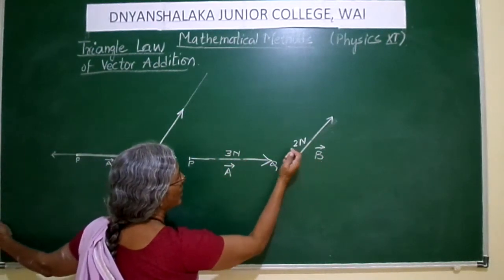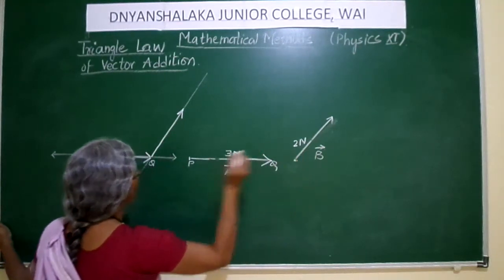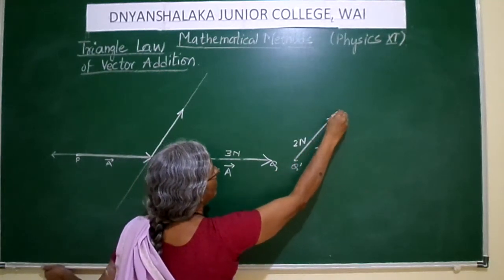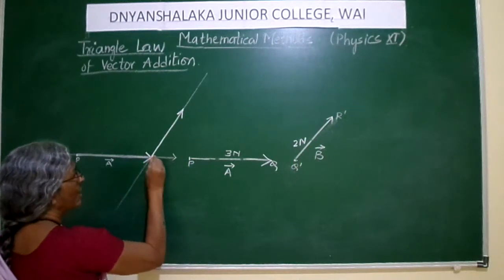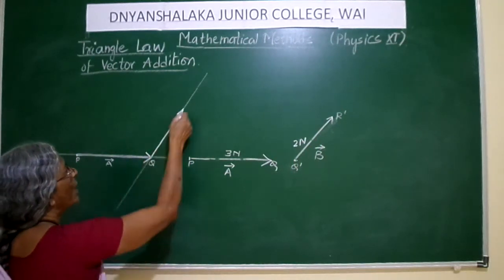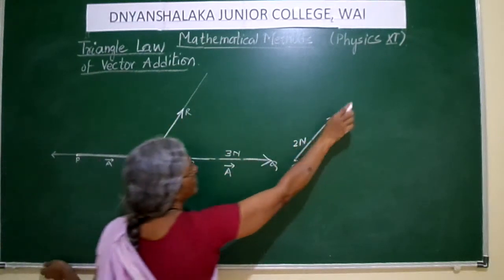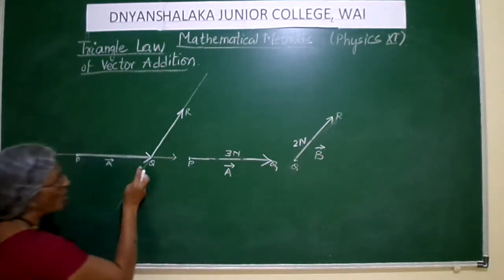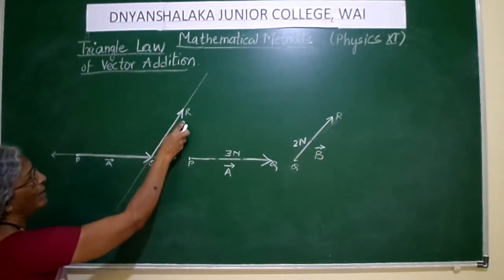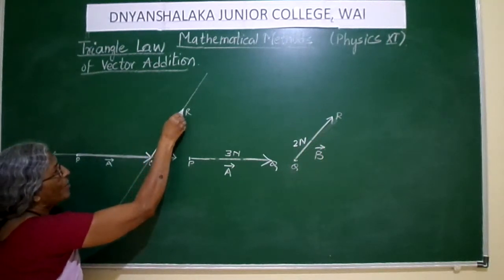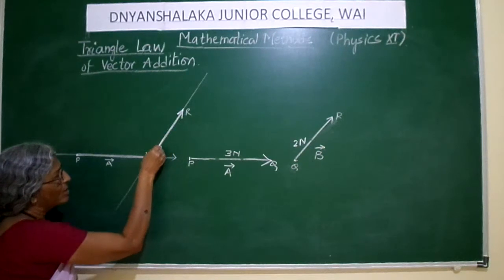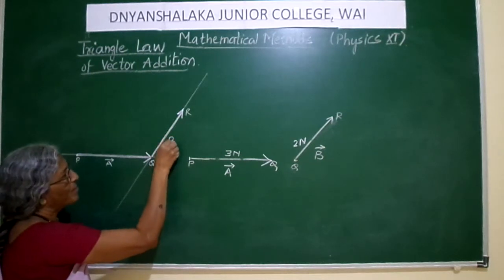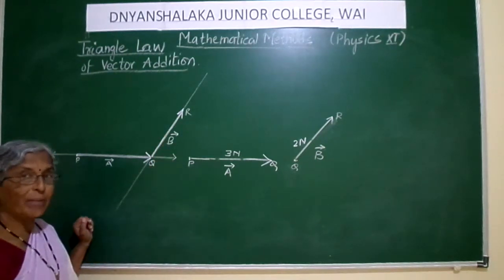This point I take as Q dash, and here comes the point R. Let this be Q, because it is going to originate at this point Q, and R. Now I have both these vectors representing two sides of a triangle. Here is the vector B. Got it, students?